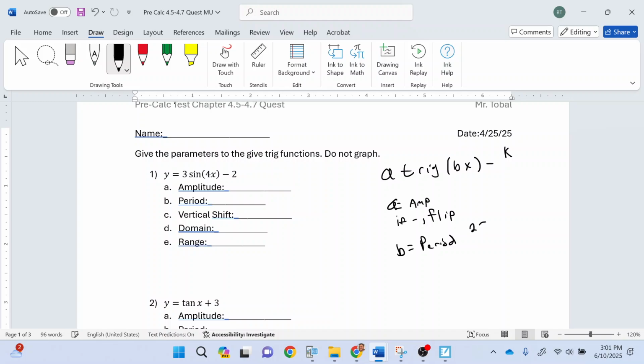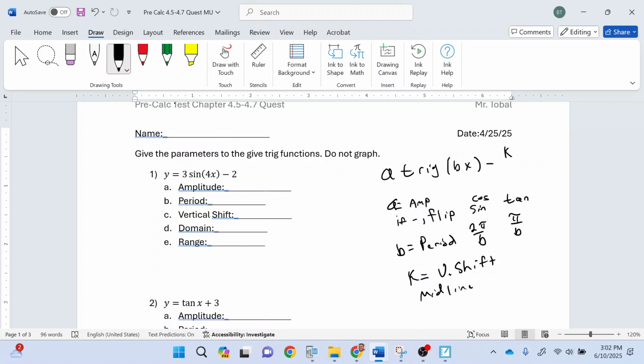So it is going to be 2 pi over b if it's sine and cos, and it'll be pi over b if it's tan, including the reciprocal. So sine, cos, secant, tan, and cotangent. And then the k value or the c value is your vertical shift. Not only that's going to affect where the midline is, it'll affect what your range is.